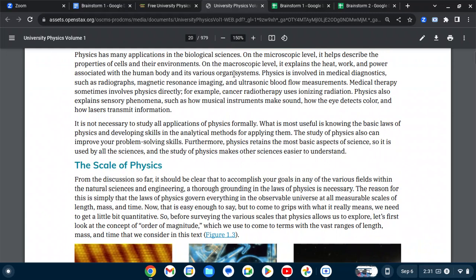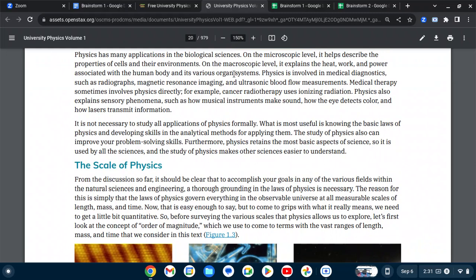Physics has many applications in the biological sciences. On the microscopic level, it helps describe the properties of cells and their environments. On the macroscopic level, it explains the heat, work, and power associated with the human body and its various organ systems. Physics is involved in medical diagnostics such as radiographs, magnetic resonance imaging, and ultrasonic blood flow measurements.